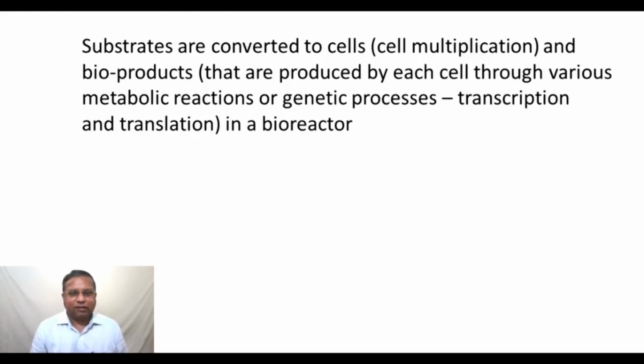The genetic processes are transcription, translation, the gene, which is a part of the DNA, that gets transcribed, translated to probably a protein. The protein could be a product. That's what we mean by the product resulting from a genetic process, or it could be a metabolite that is made by the metabolic reactions in the bioreactor.